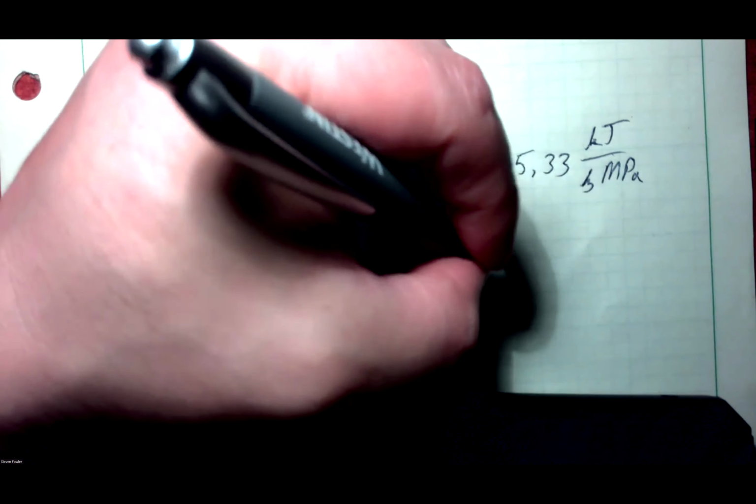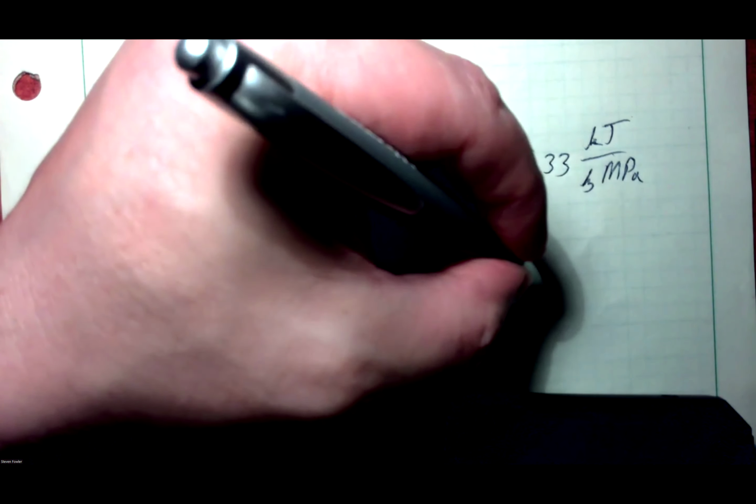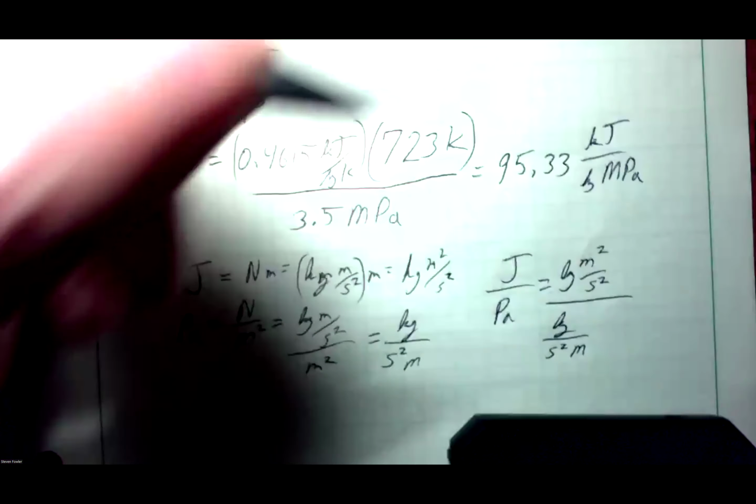Notice that if I've got a joule per Pascal, that is a kilogram meter squared per second squared divided by a kilogram per second squared meter. And the complex fraction says that's the same as a kilogram meter squared per second squared times, if I flip this over, second squared per kilogram meter.